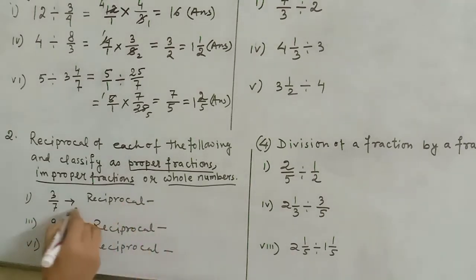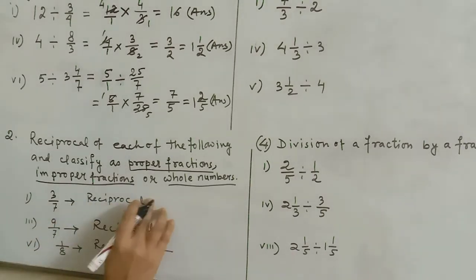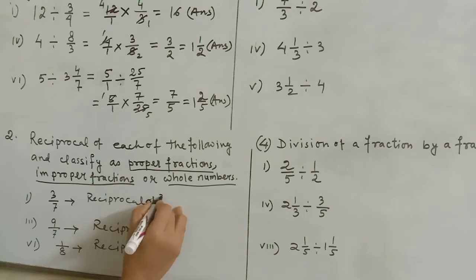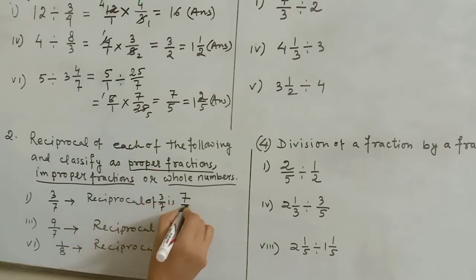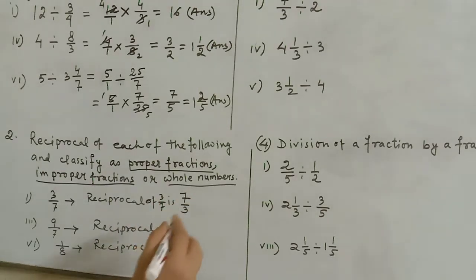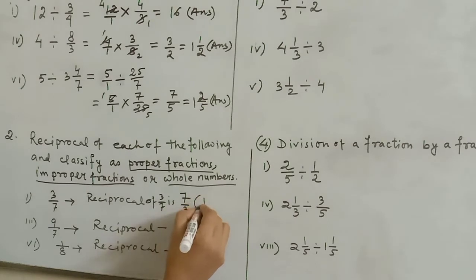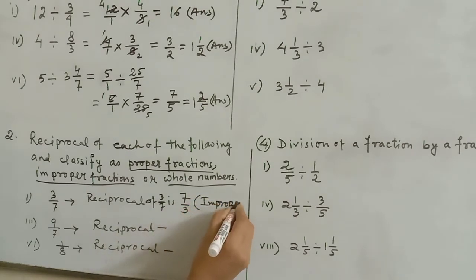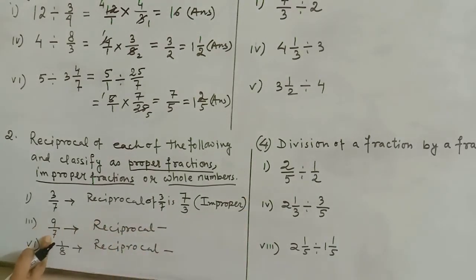So the reciprocal of 3 by 7 is 7 by 3. And what do you think? Is it a proper fraction, improper fraction or whole number? Yes, it is an improper fraction.